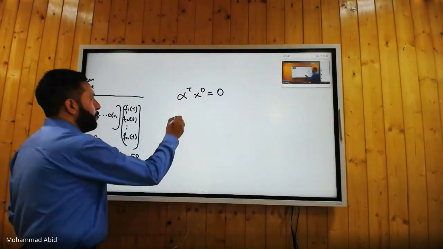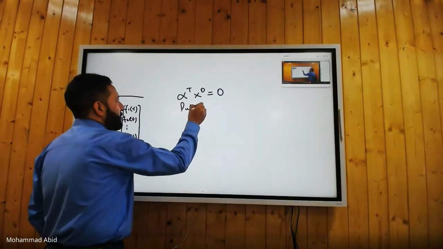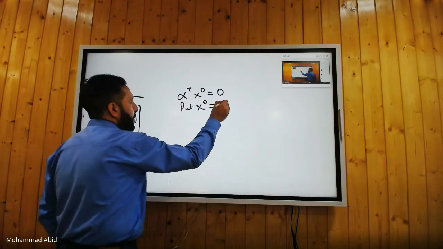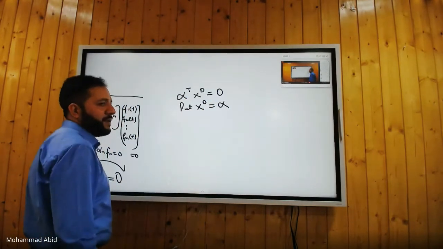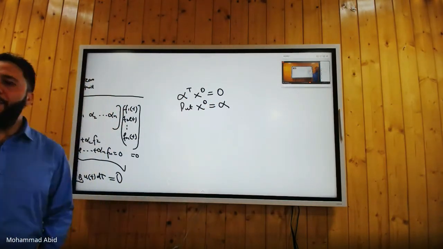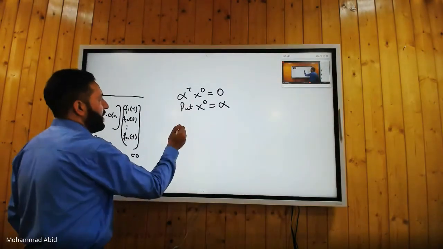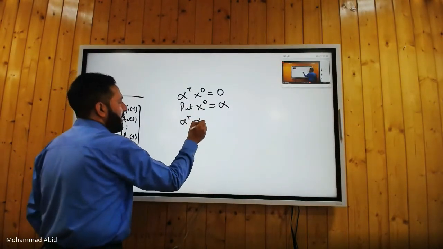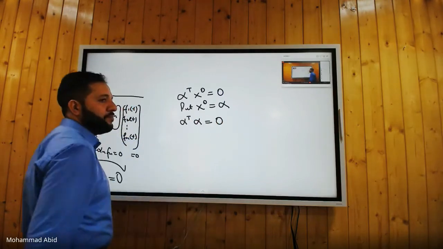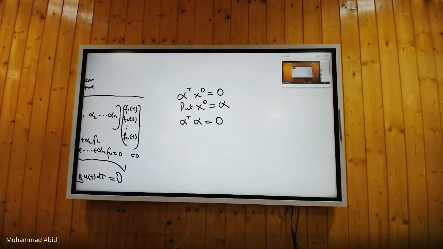So I put x naught equal to alpha, an n cross 1 vector. Controllability implies that if you start with any random vector, you should be able to get a control u(t). So I start with a vector alpha, and I get alpha transpose alpha equal to 0. Isn't it?